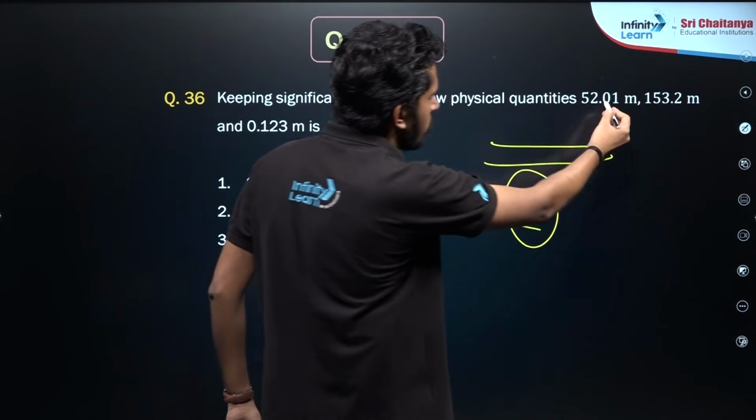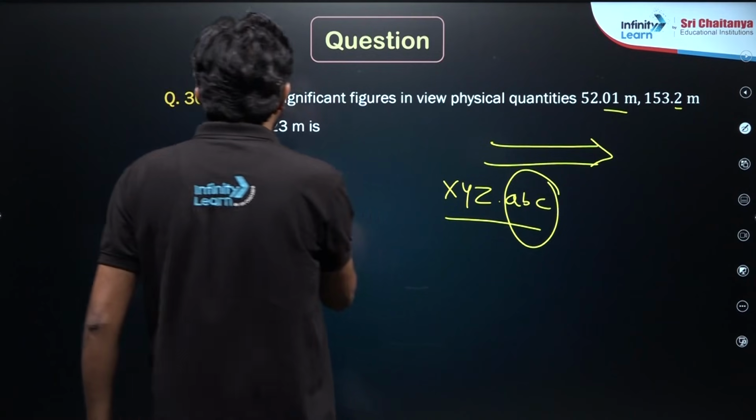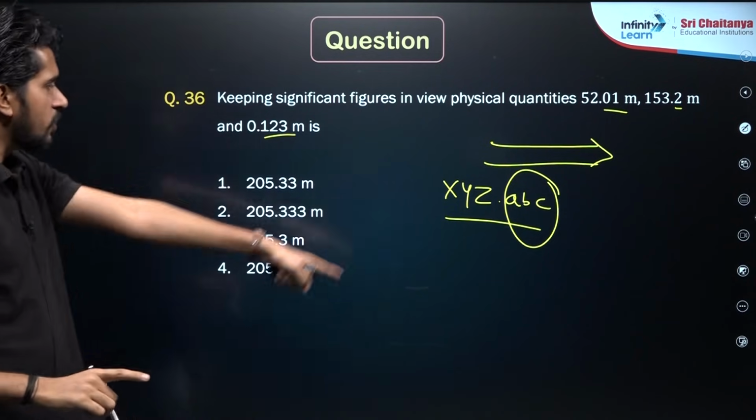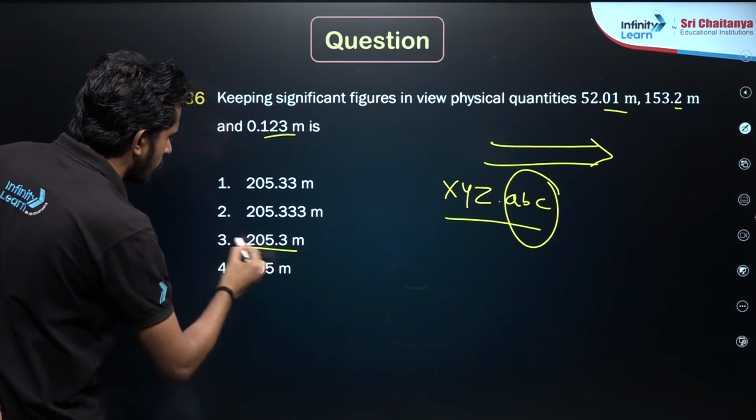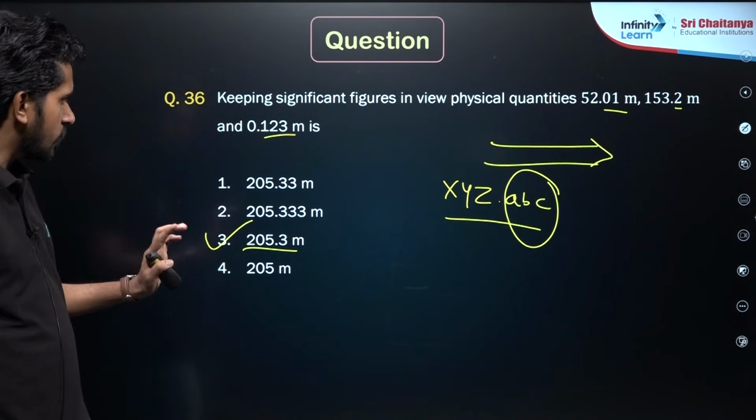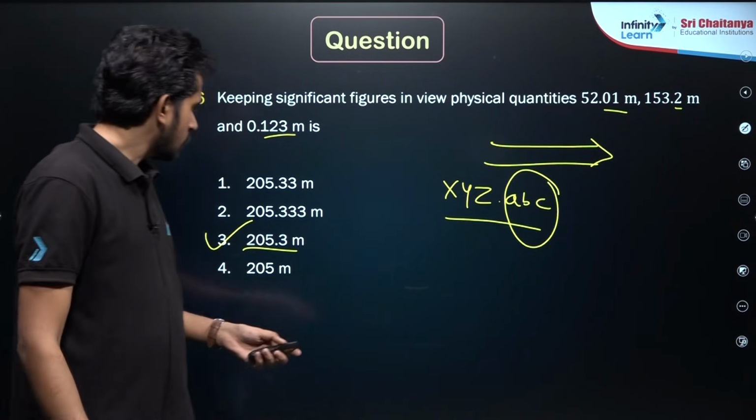So minimum digits 2, 1, 3. So after the point, there should be only one digit. So this would be the answer, option number 3. This is also very simple.